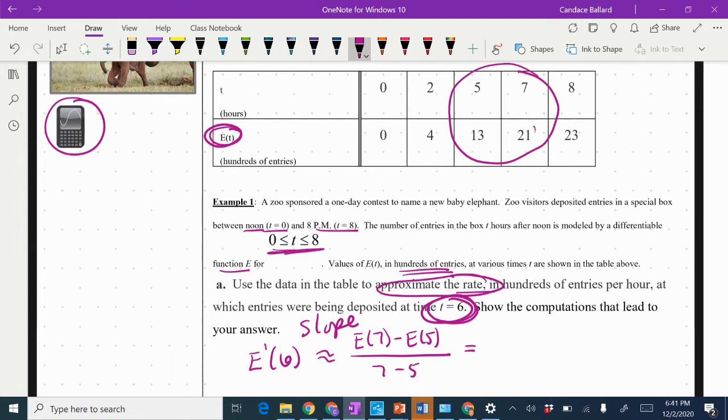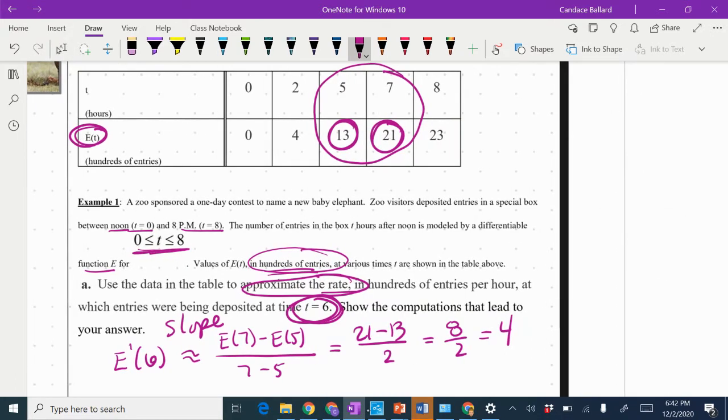In the table, my E of 7 is 21, and my E of 5 is 13, and then 7 minus 5 is 2. So I have 21 minus 13 is 8 over 2, which means I've got 4. But my label, notice, I underlined it, is hundreds of entries per hour. So we would write it's 400 entries per hour.